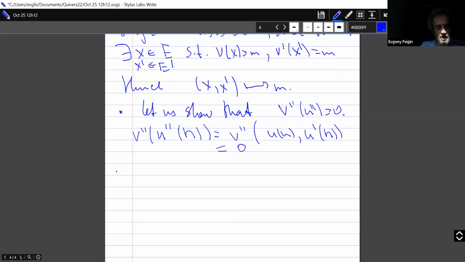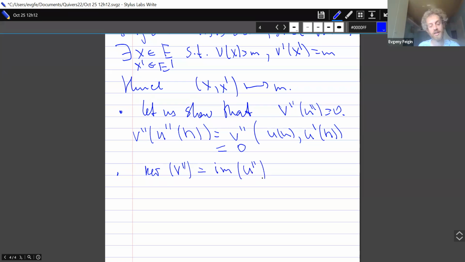Okay, and the only non-trivial part is that the kernel of V double prime actually equals the image of U double prime. How to prove this? The claim is that if something sits in the kernel of V double prime, then we can cover it with some element from N.